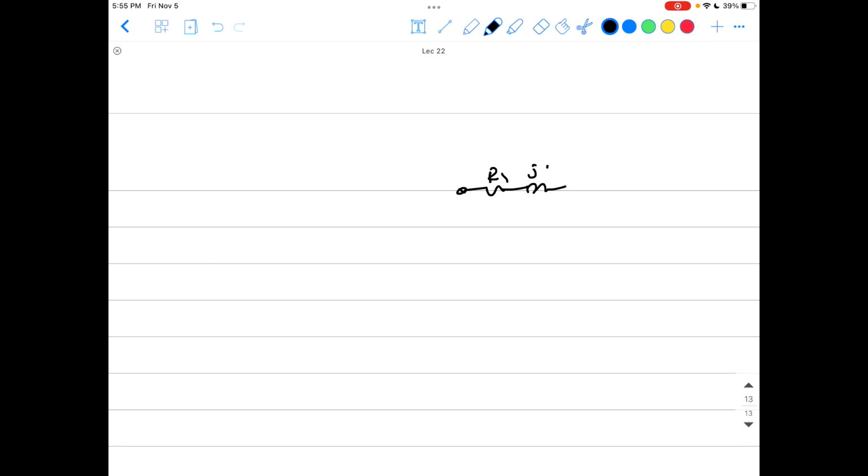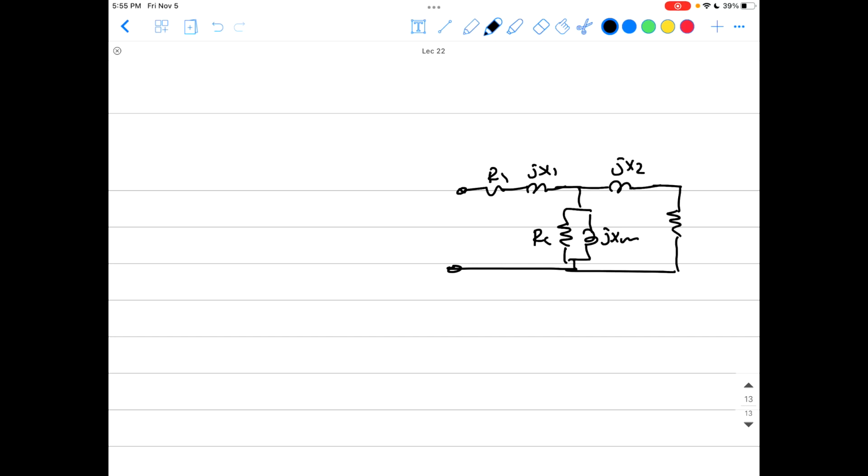All the time look at the equivalent circuit. What are we looking at? R1, X1, that is RC, jXM, and that is jX2, and that is R2 over S.